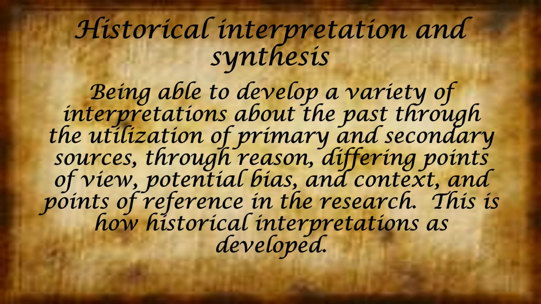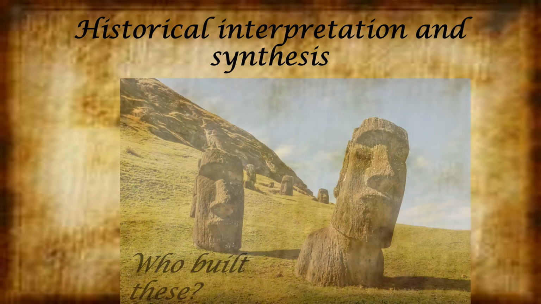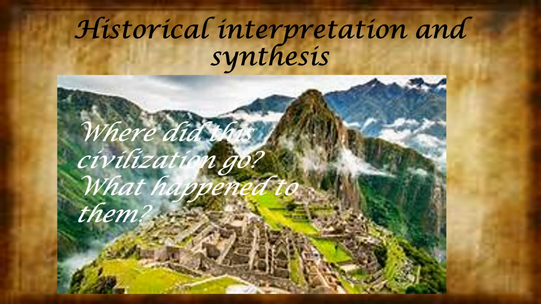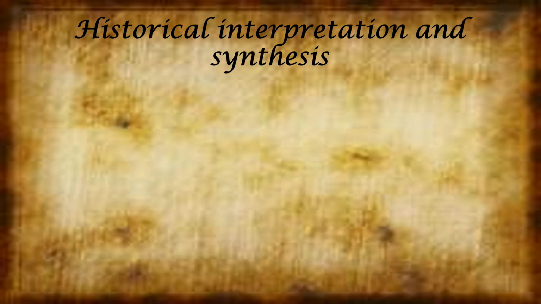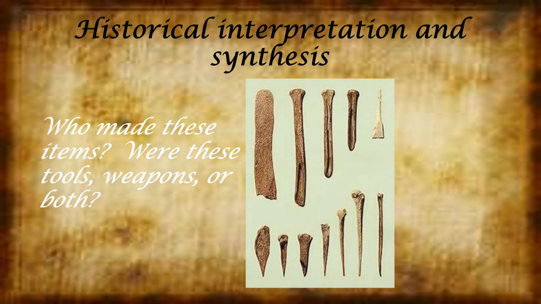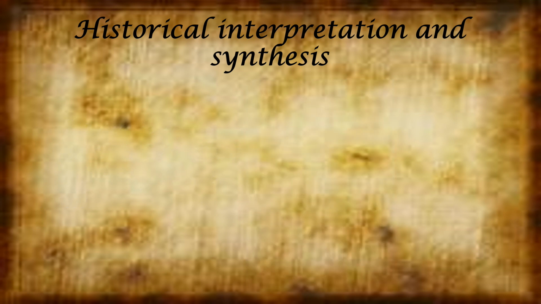Being able to develop a variety of interpretations about the past through the utilization of primary and secondary sources through reason, differing points of view, potential bias, and context and points of reference in the research. So this is how the historical interpretations are actually developed.